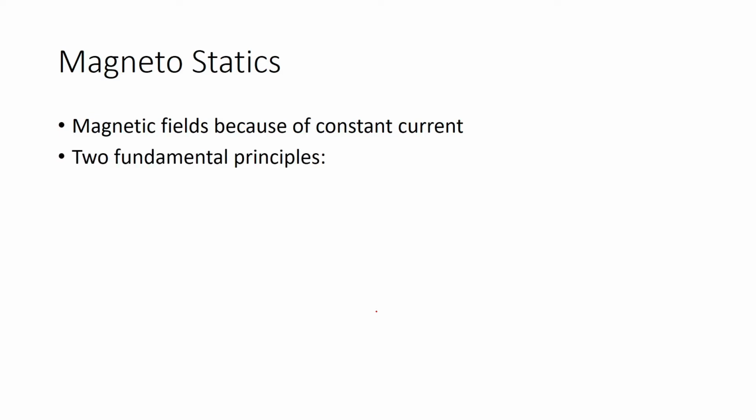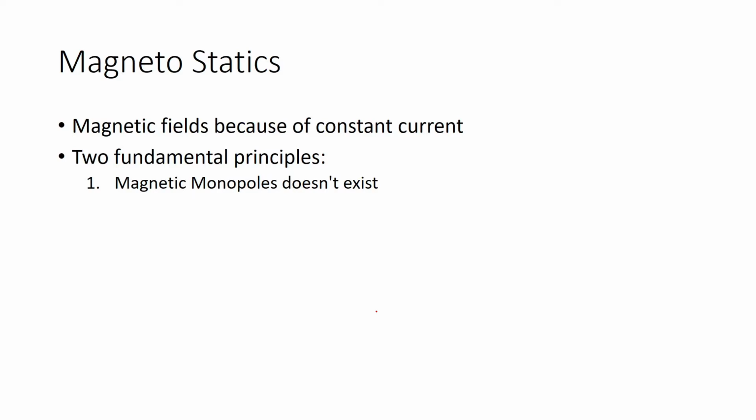Similarly, while discussing magnetostatics, we have seen that magnetic fields are generated because of constant currents, that is, charges moving with uniform velocity. There are two fundamental principles which govern magnetostatics.